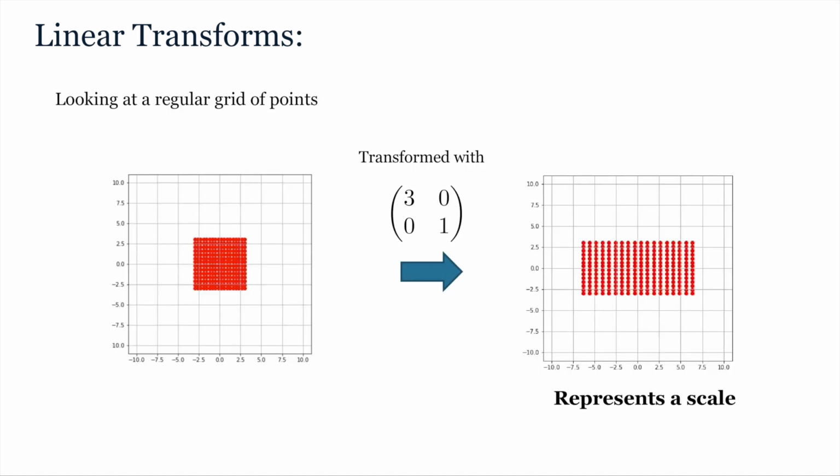This action represents a scale in the x direction by a factor of 3, such that if we had a set of data points that made up a square, and we multiplied them all by that same transformation matrix, it would scale or stretch our square into a rectangle.